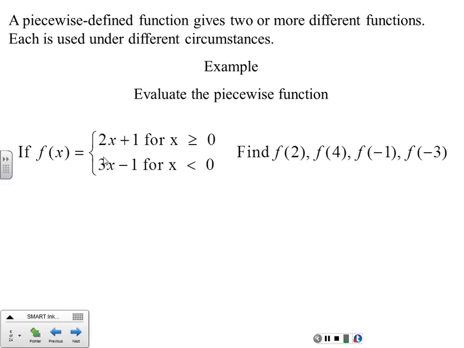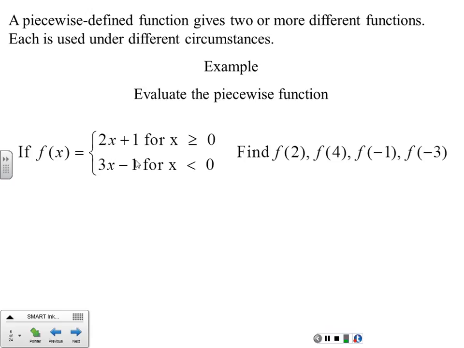So this is a straight line, f of x equals 2x plus 1, and this is a totally different straight line, and I'm confident that every one of you can graph these two lines, right? Slope intercept form, y equals mx plus b, rise over run. Okay.